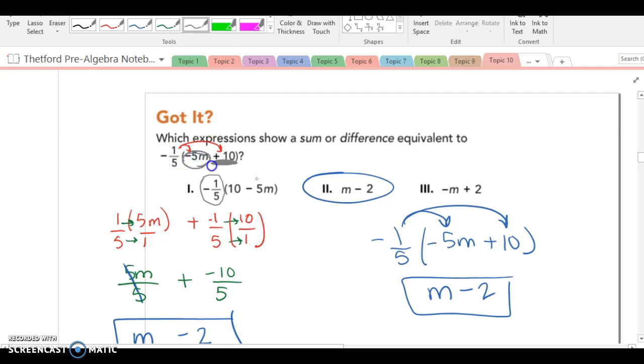And negative 5m, this is still negative 5m. So they didn't actually change the equation at all, they just rewrote it. Kind of like when you have 3 plus 5, which is 8, or 5 plus 3, which is 8. It doesn't matter the order as long as the signs are the same.